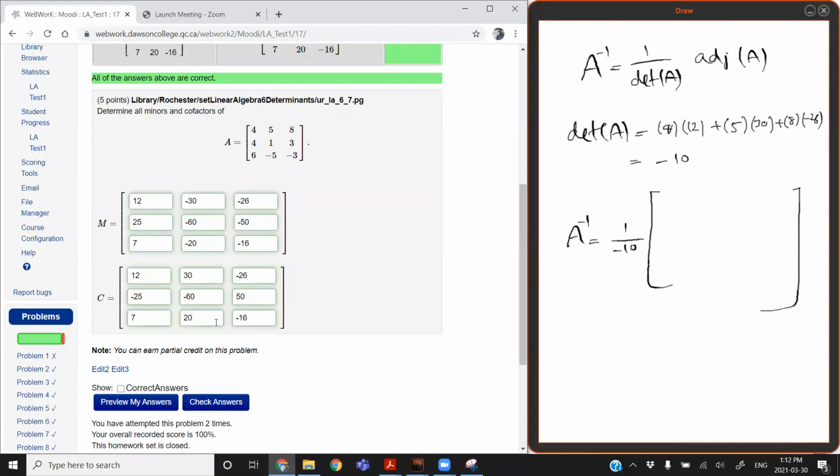the adjoint matrix, 12, 30, minus 26, minus 25, minus 60, 20. No, wait a minute. 12, 30, minus 26, minus 25, minus 60, 50. And then the last row becomes the last column. 7, 20, minus 60.